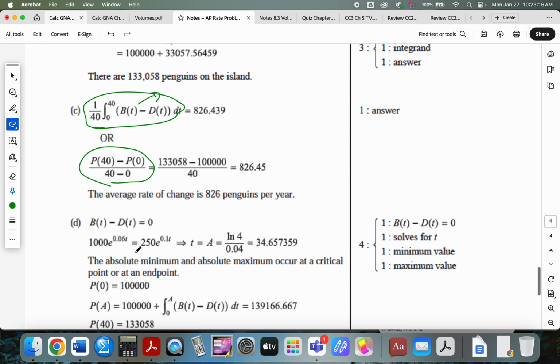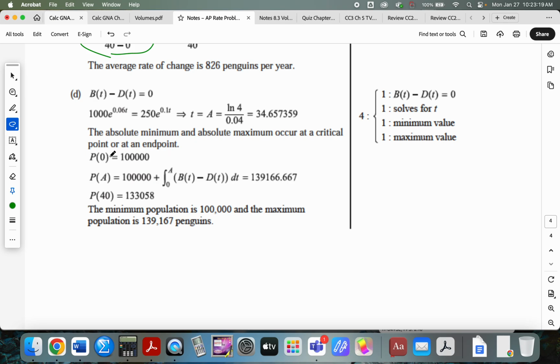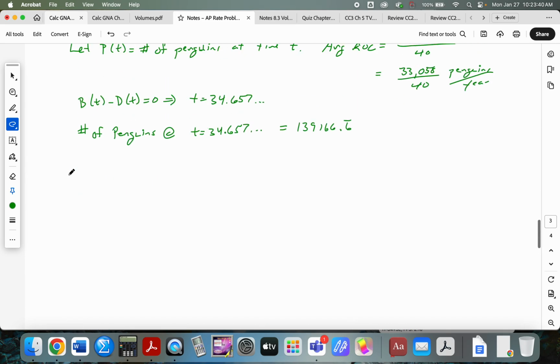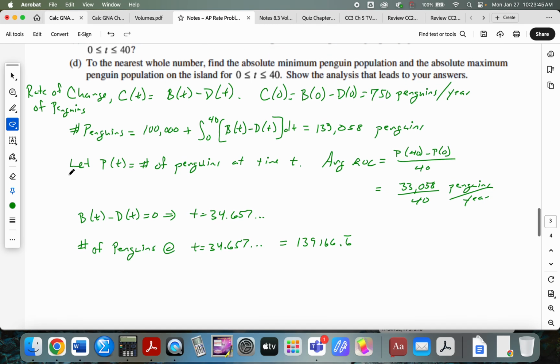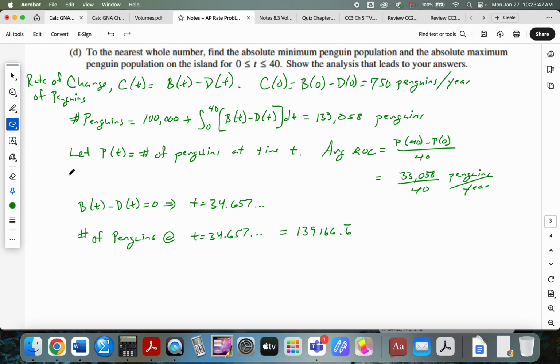So again, this is the candidates test. You test the endpoints, you test all of the critical points. Did it ask for the minimum and the maximum? Oh, it asked for both. So the absolute minimum is going to be 100,000. The absolute maximum is going to be 139,167.